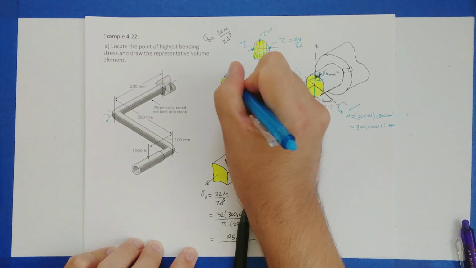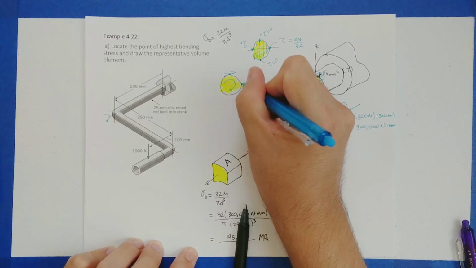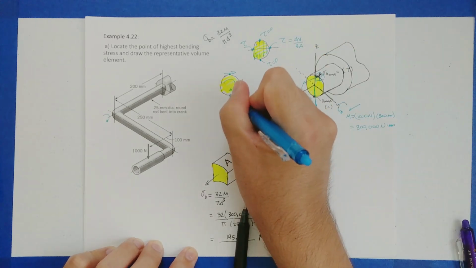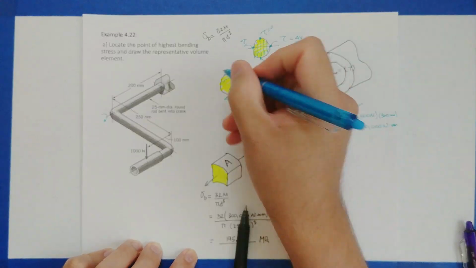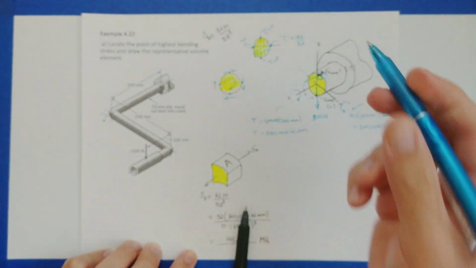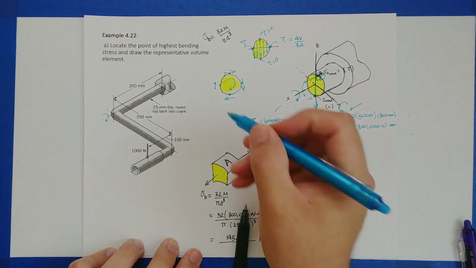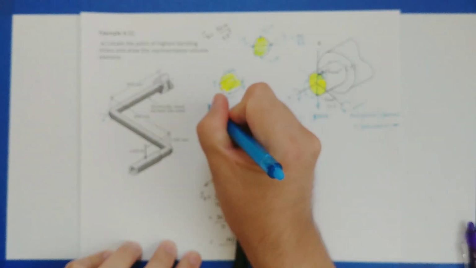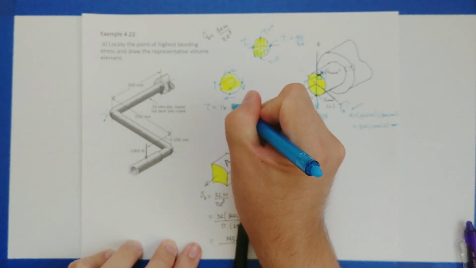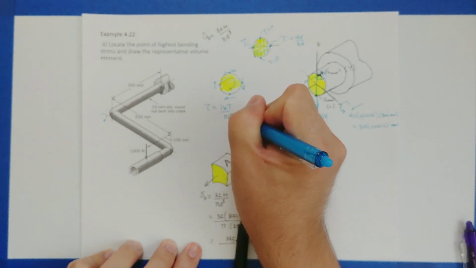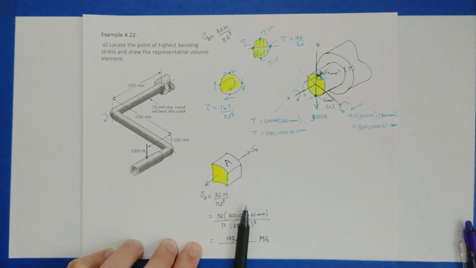Right at this top point I have an arrow pointing like this. Right at this point I have an arrow down. Right over here the tangent is that way. Over here the tangent is that way. So the torque or the torsion is applicable at every single point. We know the value from torsional stress. The tau is going to be 16T by pi d cubed. That's for a solid round bar.